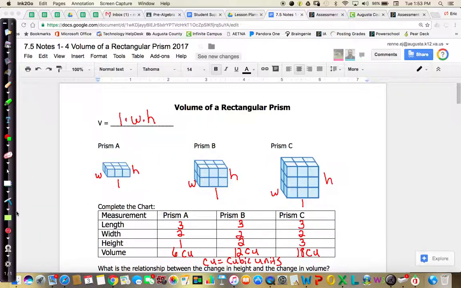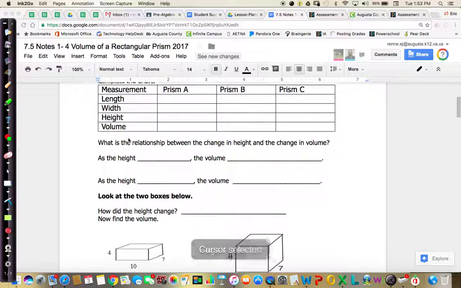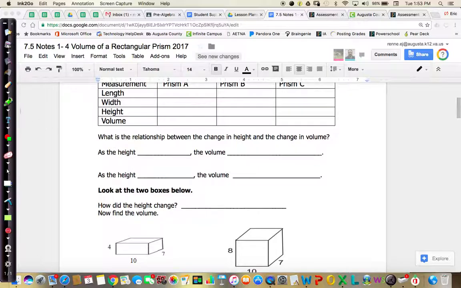Okay, moving on here. It says, what is the relationship between the change in height and the change in volume? So we can say as the height increases, the volume increases. And then, of course, the opposite of increase is decrease.